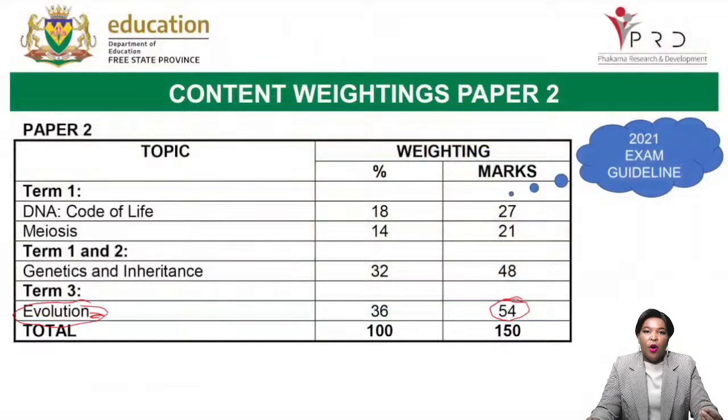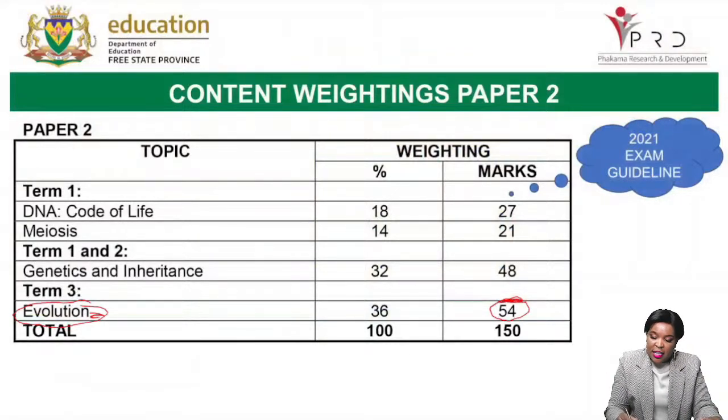So out of 54, have a goal to say, out of these 54 marks that will be distributed throughout the paper, how much are you aiming to get? So have a goal to achieve. You cannot achieve something if you do not aim at it. So please make sure that you have a strategy and an approach for this topic.